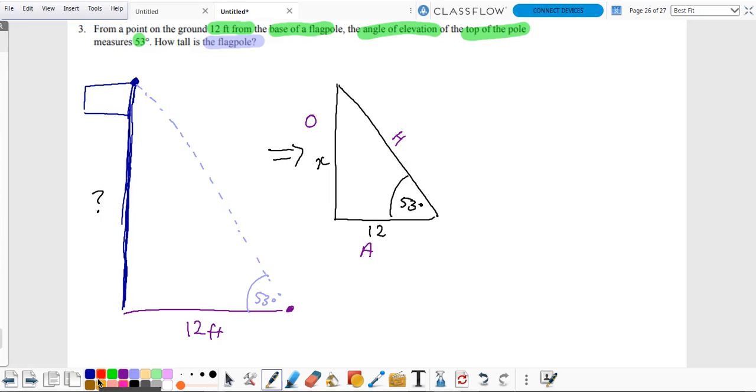Remember, sine of the angle is equal to O over H. Cos of the angle is A over H. And tan of the angle is O over A. Remember the three basic trig ratios that we use.